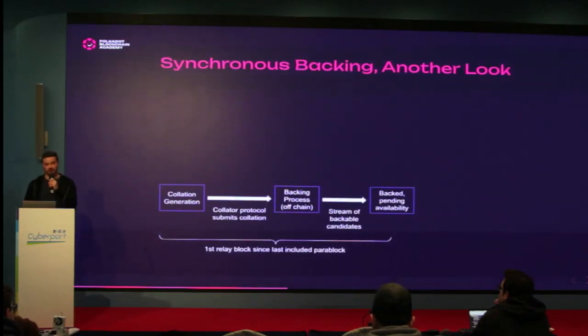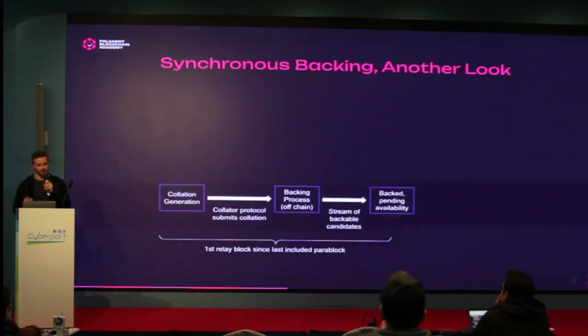Now, to take another slightly deeper look at synchronous backing, we have collation generation that's happening on the far left of this diagram, where collations, new parachain blocks, are generated. Then the collator protocol submits that collation to a backing group on the relay chain. Then we have our backing process, which is off-chain.